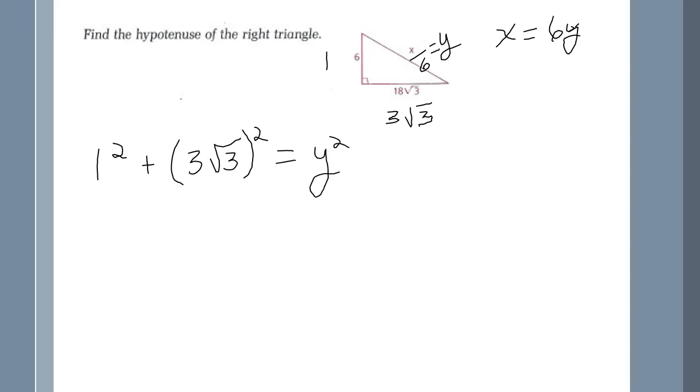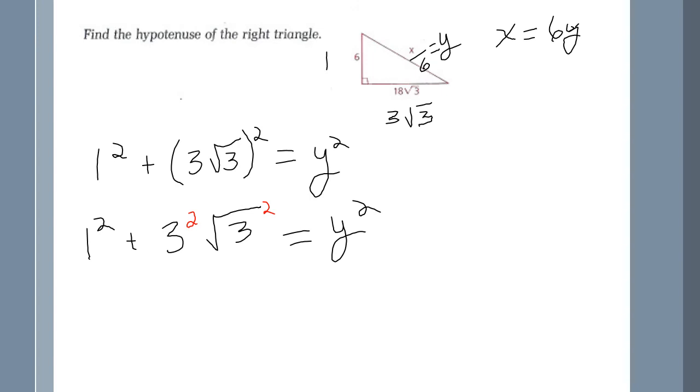Now, for 3 square root of 3 squared, you want to keep this in mind: if I've got a 3 in this, I'm going to square both of these. That's why I'm doing that in a different color.